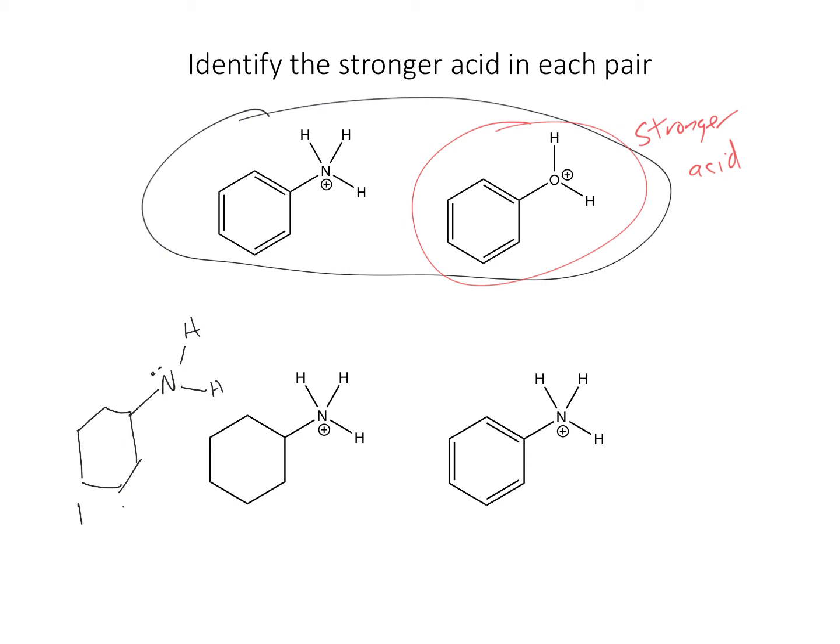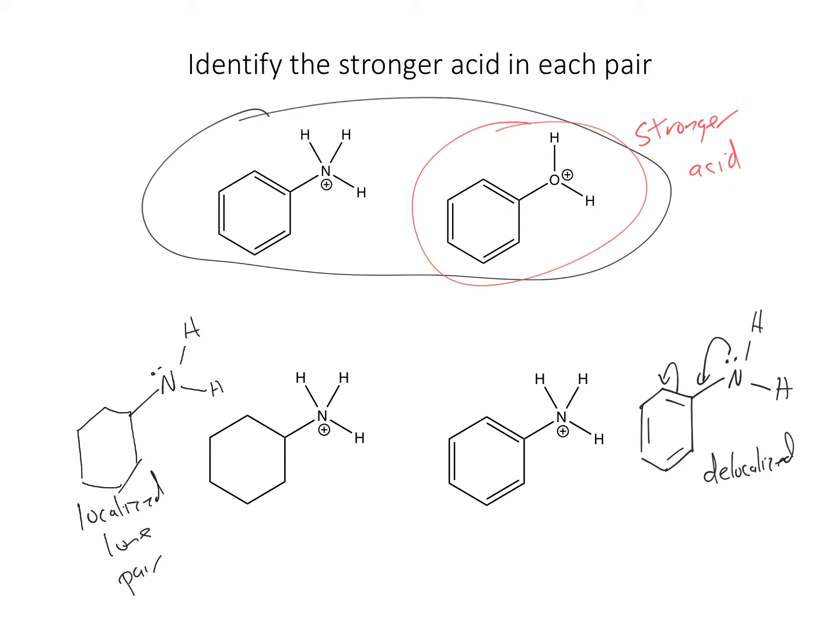So this has a localized lone pair, whereas for the conjugate base of the compound on the right, we have an example of an allylic lone pair. So I can draw lots of resonance structures. I'm just going to draw the arrows for one of them. And then we continue to move what's going to end up being the lone pair around that benzene ring. So this lone pair is delocalized.